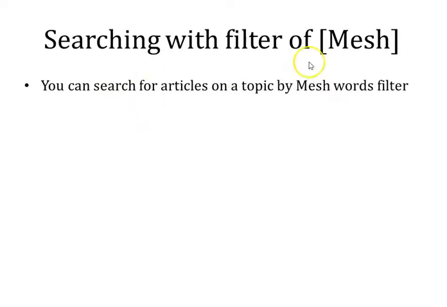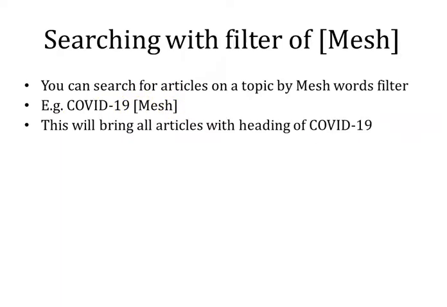Now, how do we use these MeSH terms for searching? We can search for any articles on our topic of interest by the MeSH word filter. So we apply the MeSH word filter. For example, my topic is COVID-19. I will write in PubMed COVID-19 space bracket MeSH bracket. What does it do?